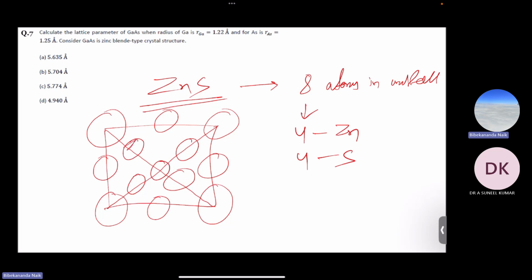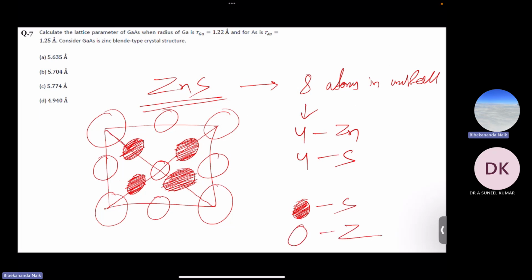If you see these four, this corresponds to sulfur and this corresponds to zinc.